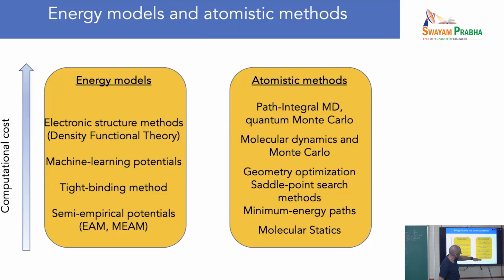All of this is done in classical mechanics. If you want to add quantum effects in the motion of the atoms, not necessarily in the interaction, you need to go to path integral molecular dynamics or quantum Monte Carlo, and these are extremely computationally expensive calculations. So things that you can do in a reasonable time is DFT with molecular statics.